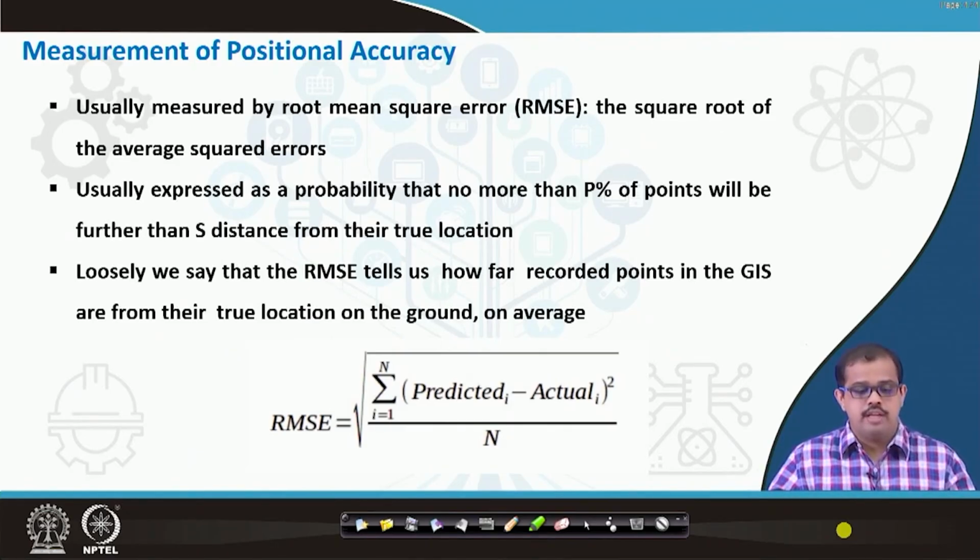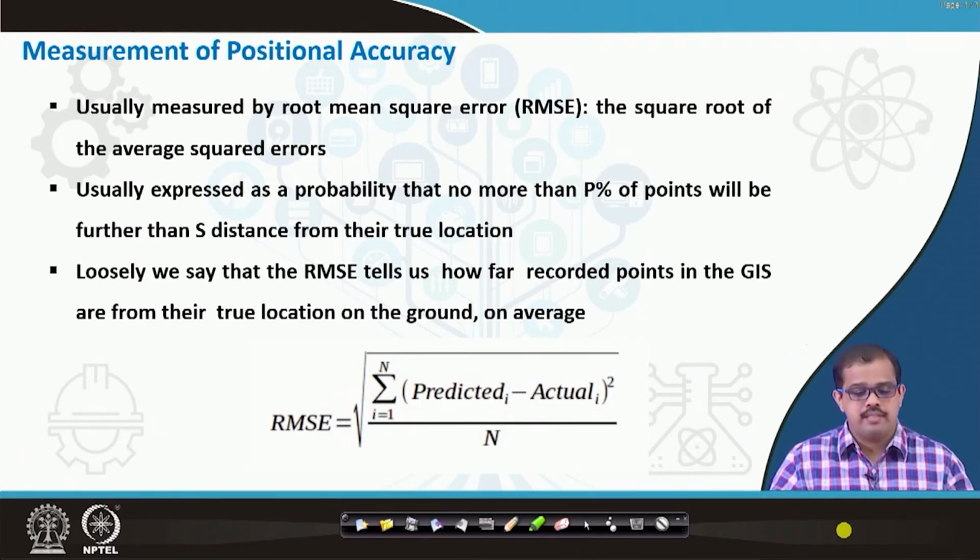It is usually expressed as a probability that no more than p percentage of the points will be farther than s distance from their true locations. So how many are displaced from the true locations?